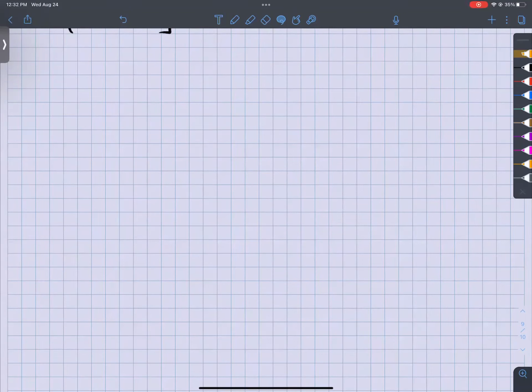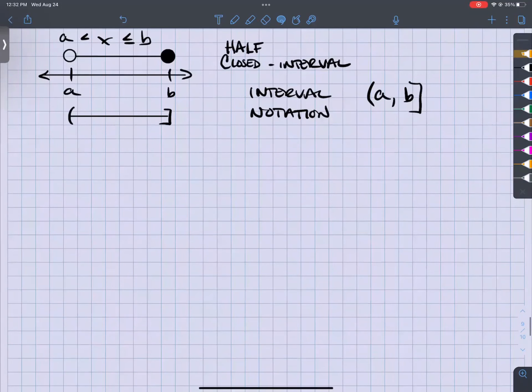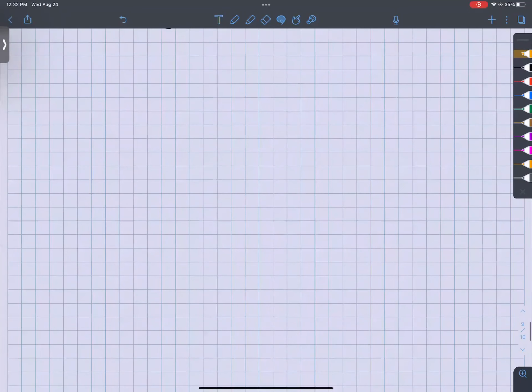All right, so here's the thing. What if there is no end, right? So we could have this, versus this, and versus this. All of these are possibilities as well, right?